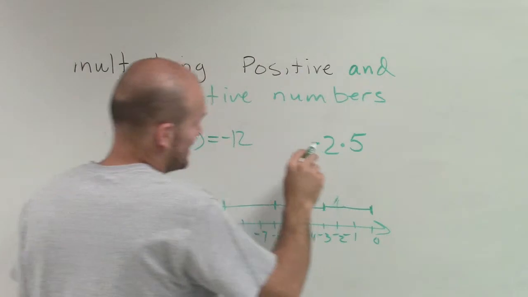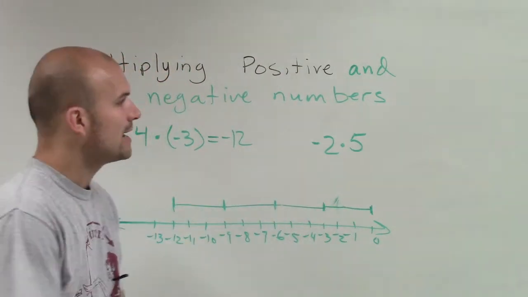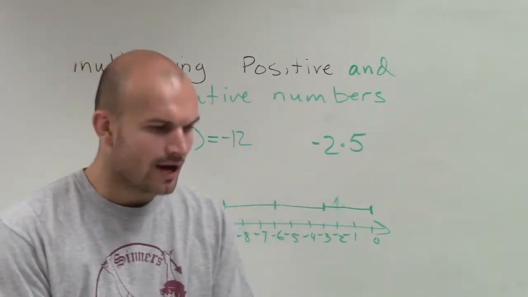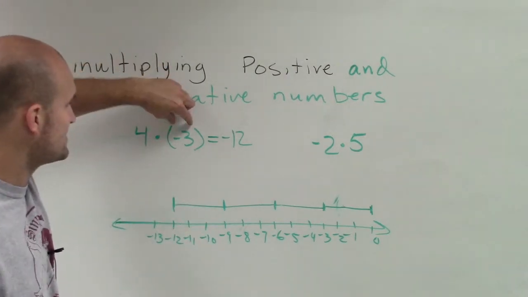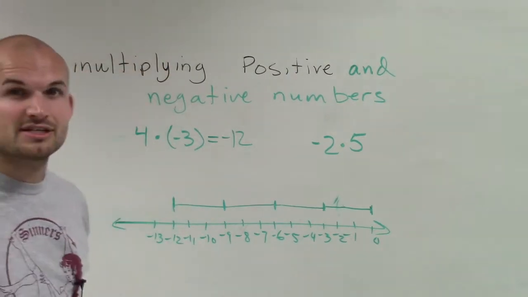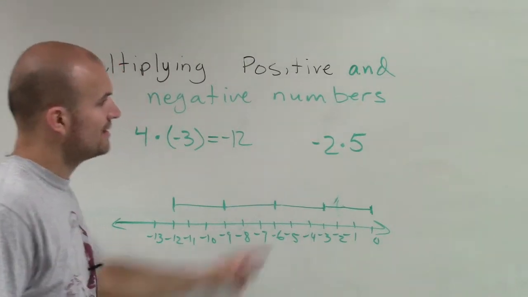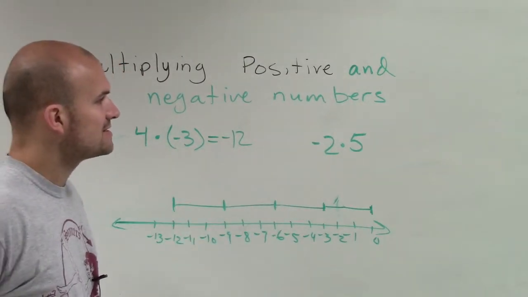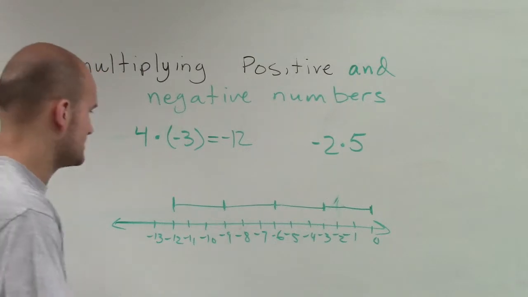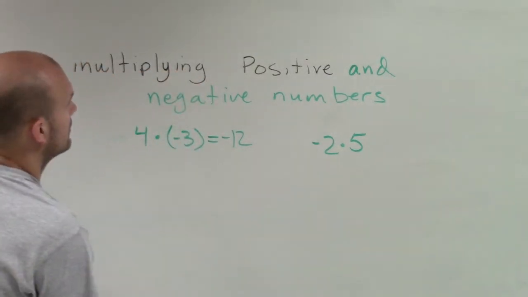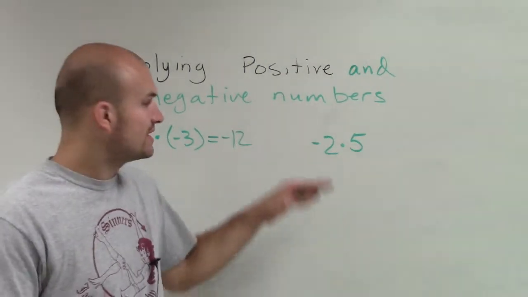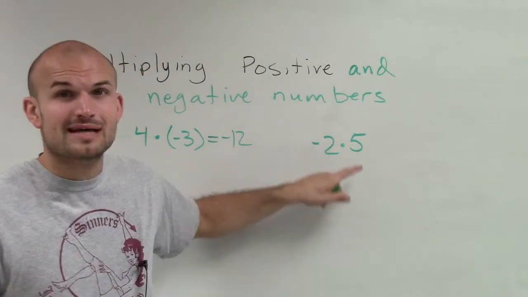Now let's take a look at a negative and multiply it by a positive. Now, if I want to go back to this same set here, see, this made sense. I had my distance of -3, and I did 4 positive sets of them. Here, what I have is a -2 times 5.